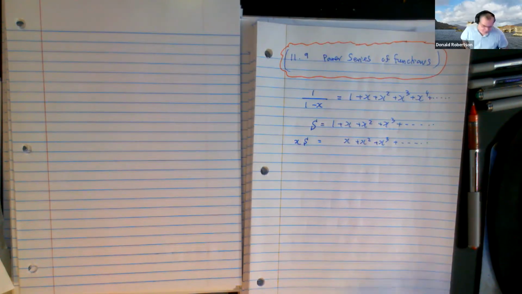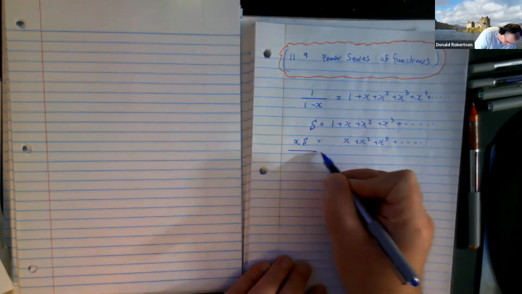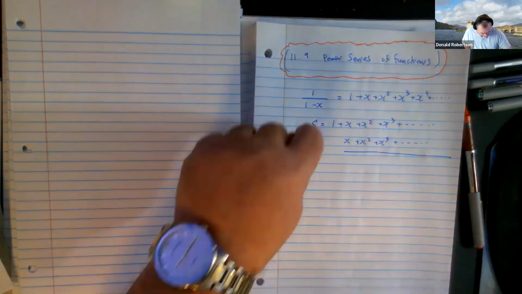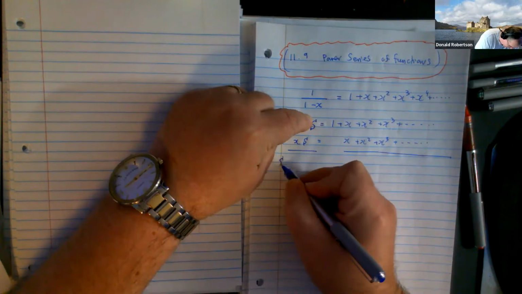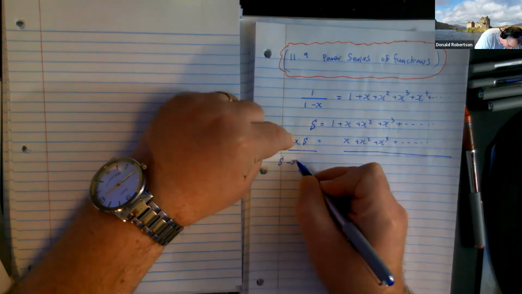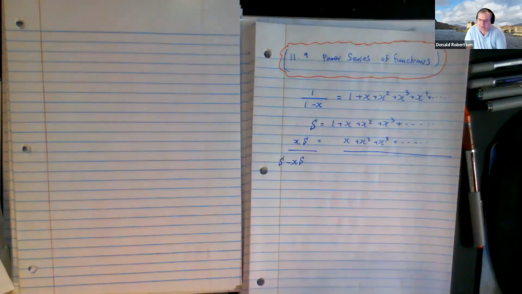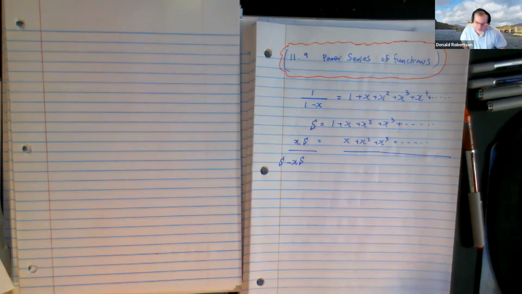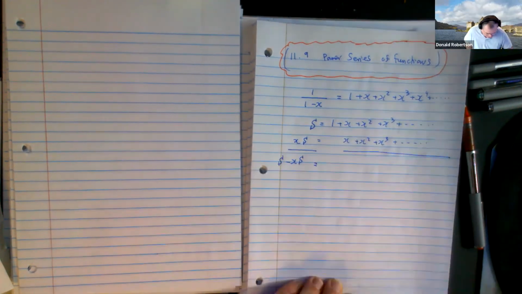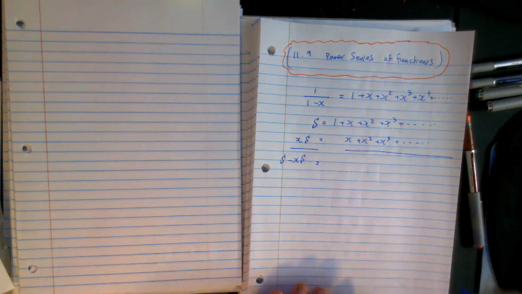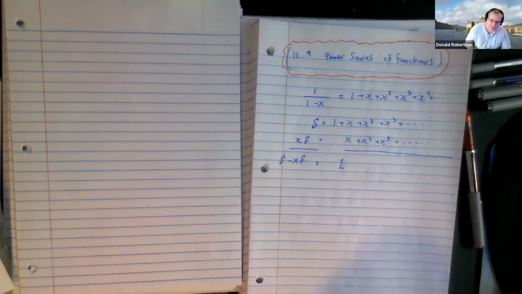Now I am going to take the top guy, S, and subtract from it the bottom guy, x times S. What would you get if you took this infinite polynomial and subtracted that infinite polynomial? 1. Yes. Can you see where this is going yet?